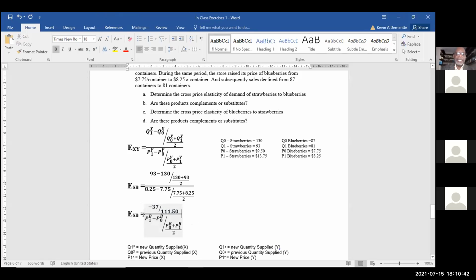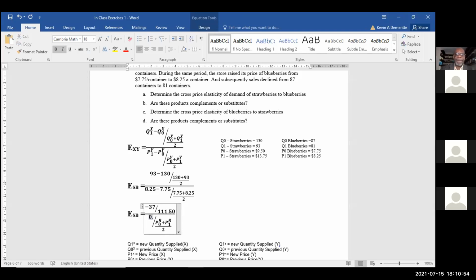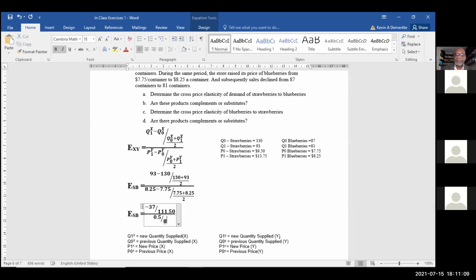And on the bottom, 8.25 minus 7.75 is 50 cents, 0.5. And finally, 7.75 plus 8.25 divided by 2 is $8.